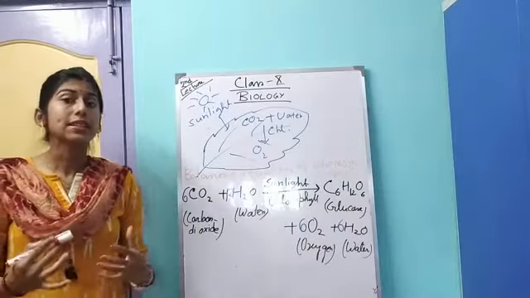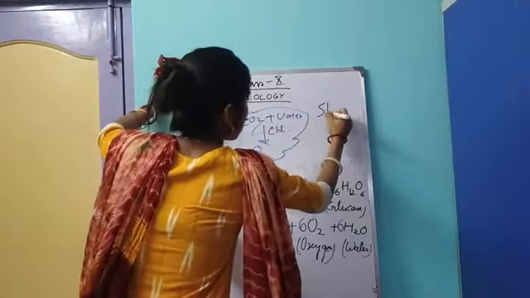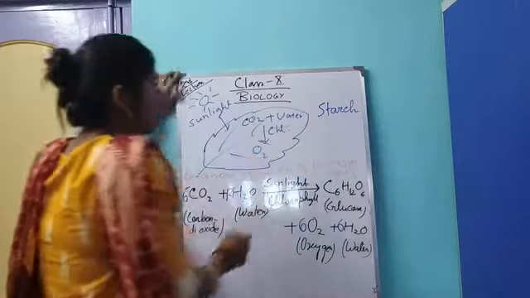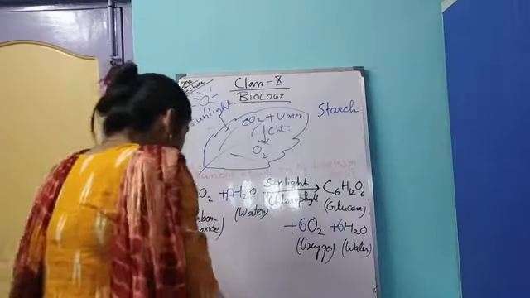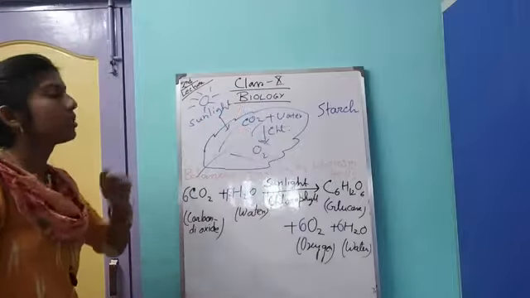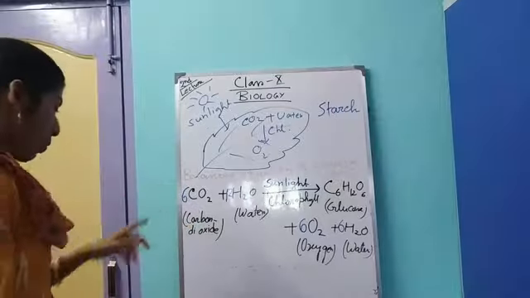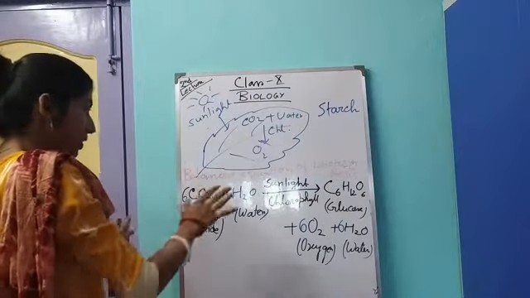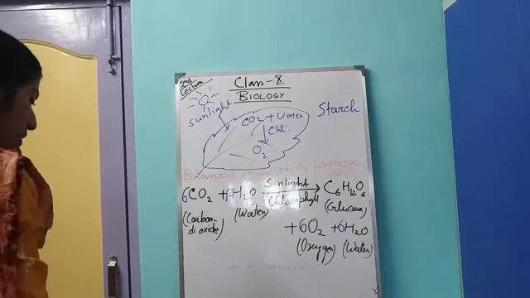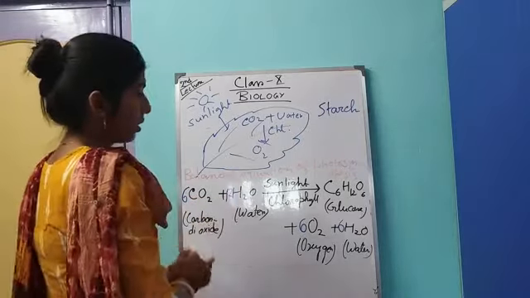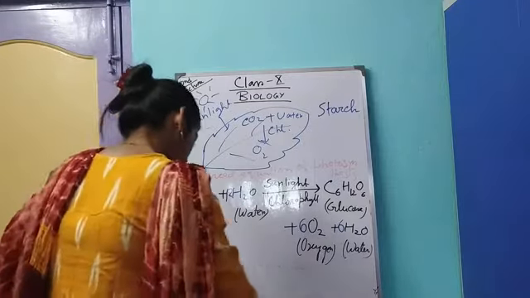So food is formed in the form of glucose. Excess food will be stored in the form of starch. Plants will store the excess glucose in the form of starch. Another thing, photosynthesis is also called a biochemical process, because in this process manufacturing of organic food is done in the presence of sunlight and chlorophyll.